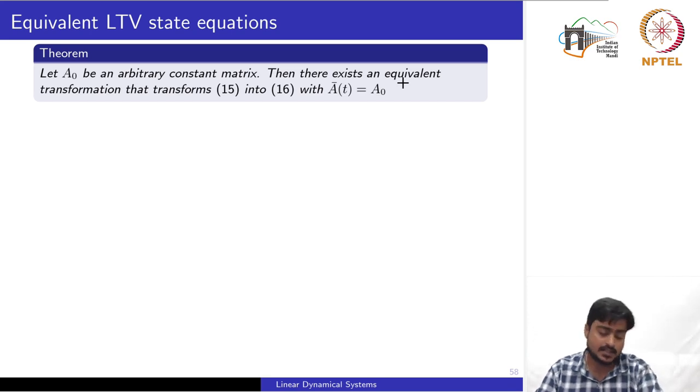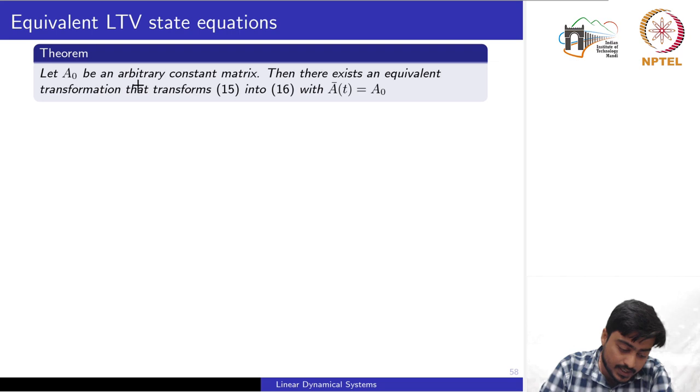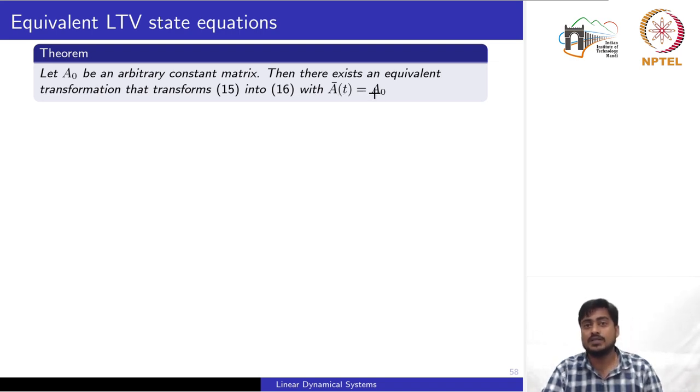The next result says that let A naught be an arbitrary constant matrix, then there exists an equivalent transformation that transforms 15 into 16 with A bar equal to A naught. This 15th numbered equation is the original state space equation, and 16th is the equation with the bars.